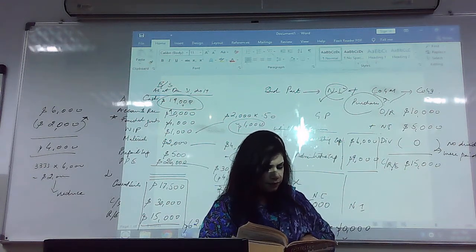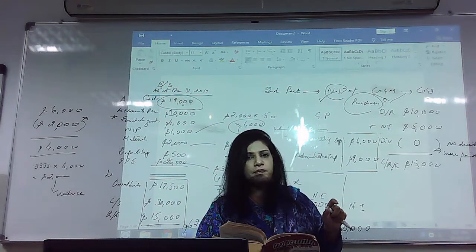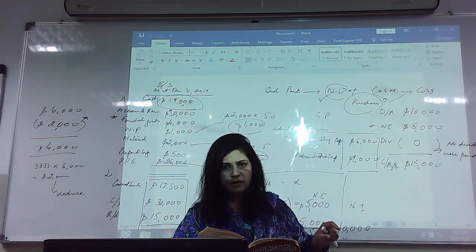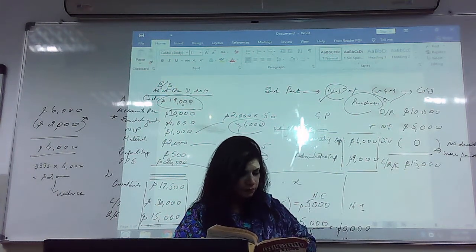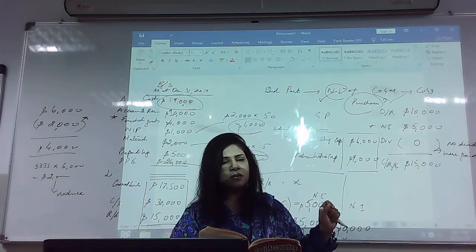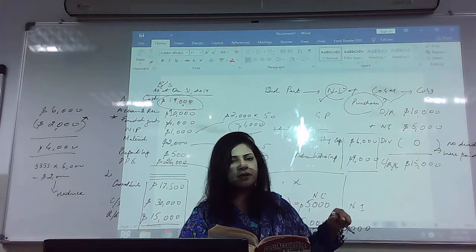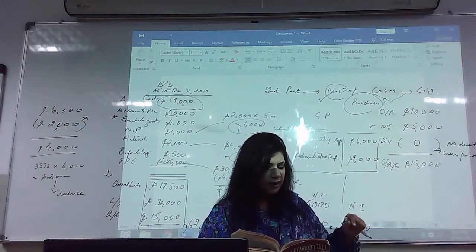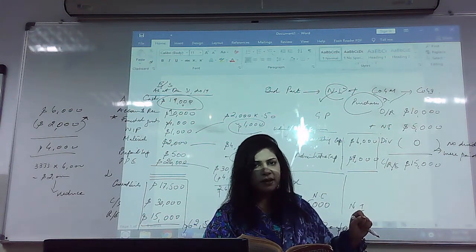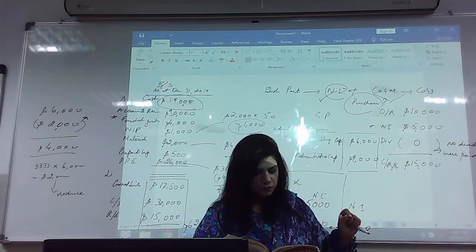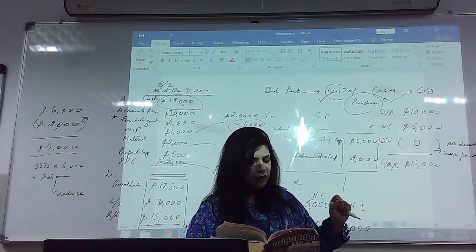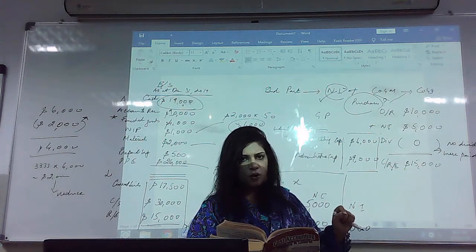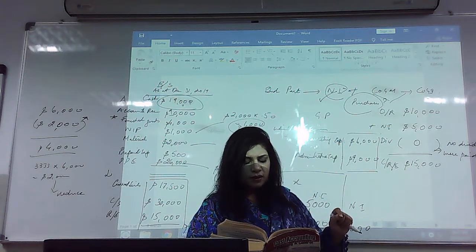And you add these up. Then you write the value of opening work in process, and you get the manufacturing cost accounted for, and you subtract the work in process closing, and you get cost of goods manufactured. Then you have the cost of goods sold when you add the opening finished goods and subtract the closing finished goods.